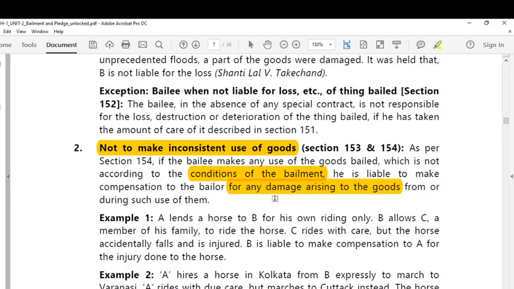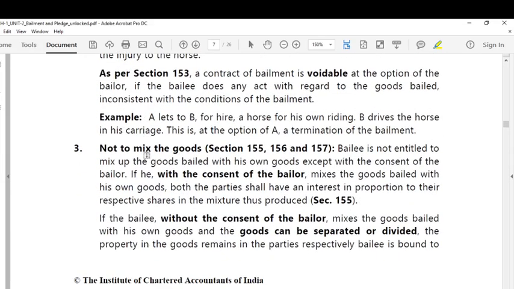He has a duty to compensate whatever loss happened to the clothes, because he is not supposed to use the goods for another purpose, which is against the conditions of the bailment, right? So this is the second duty of a bailee.